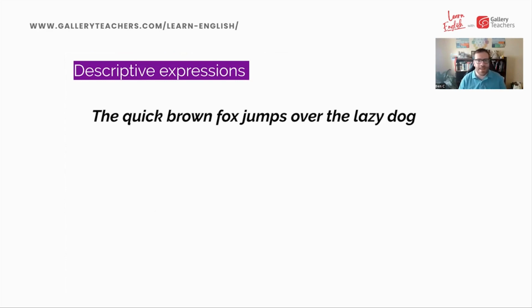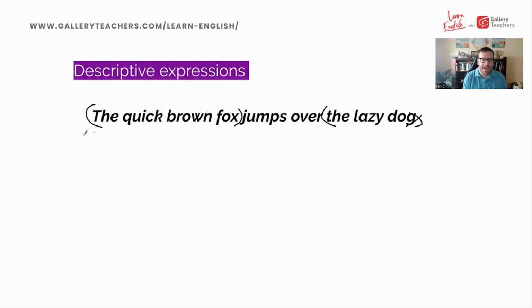Now, in this sentence, we have some noun phrases. Let's see if we can identify where these are. We've got the quick brown fox, and we've got the lazy dog.